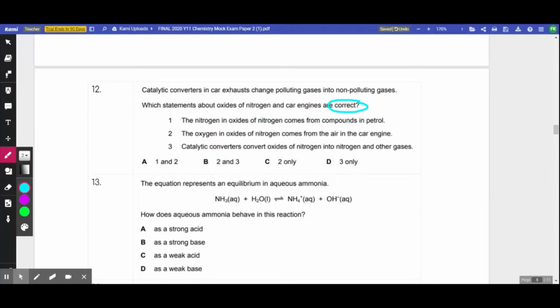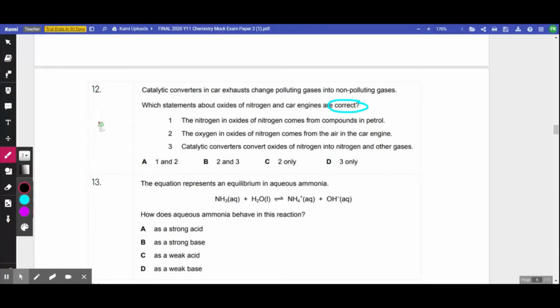Okay, right. So the statements about oxides of nitrogen and car engines. There is quite a bit of misconception about where the actual oxygen comes from. People confuse this with fuel cells, and they think that maybe oxygen comes from water. But it's all about knowing what this part of the specification is all about.